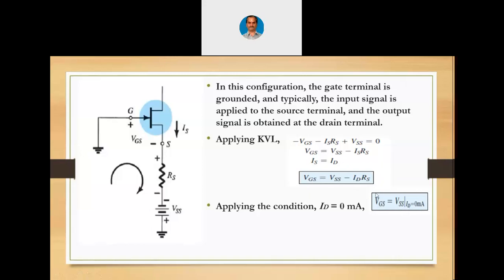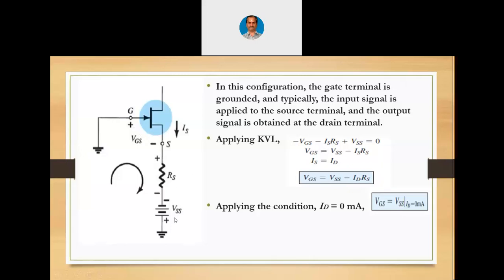Why are we computing this VGS? You already know that when we have to go for a graphical analysis, we require all these values. So that is why VGS equals VSS when ID equals 0. Conversely, you can put VGS equals 0 also here. Then you can get the value of ID also. But can VGS be 0 in this case?